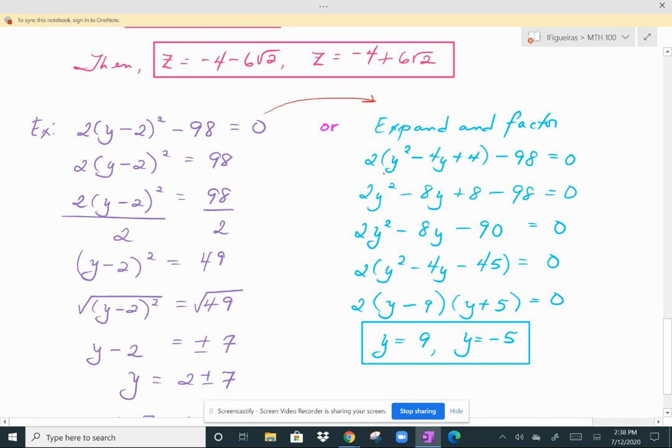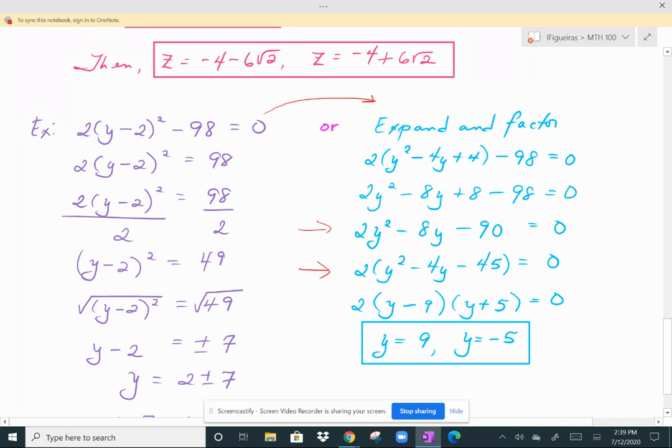So I squared y minus 2 squared, giving me this. Then I distributed the 2. So that's this line here. Then I combined the 8 minus 98, so that's my third line, so that becomes 2y squared minus 8y minus 90 equals 0. Then I factored out a 2, because all of those have a common factor of 2.